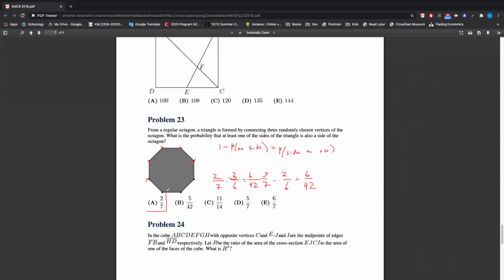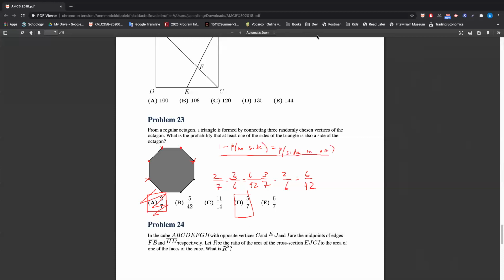We might be tempted to say, 2/7, there it is, right? Remember that we've actually found the probability of having no side on the octagon. So what we actually need to do is take 1 minus that, get 5/7. Don't be fooled by 2/7. The reason they put that there is because they know that people are going to use this method.